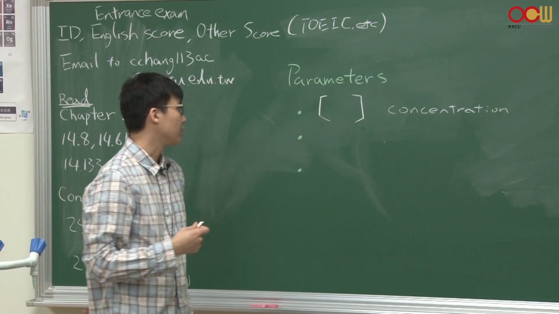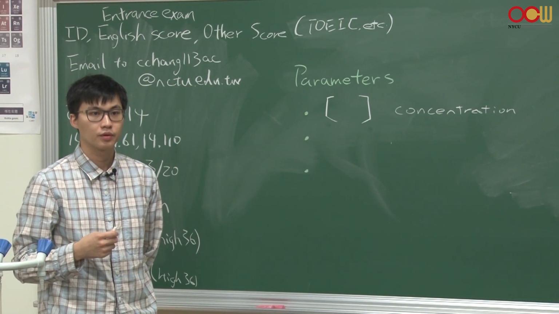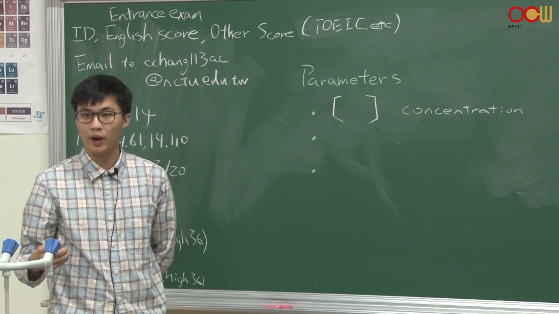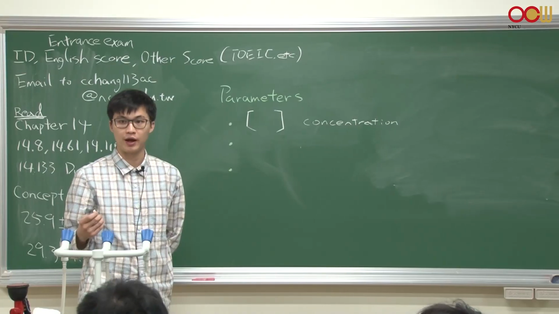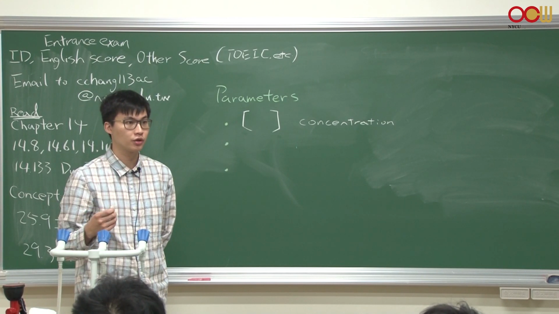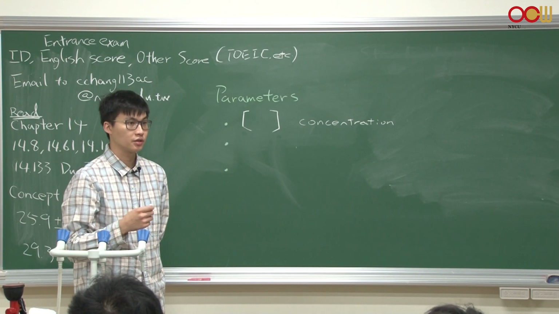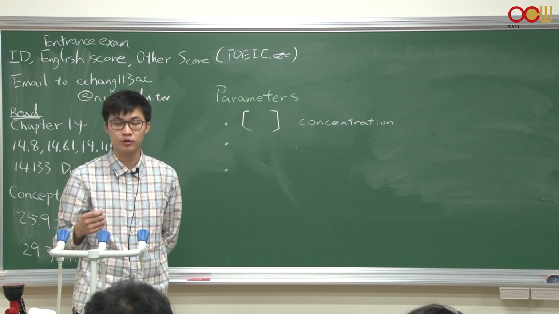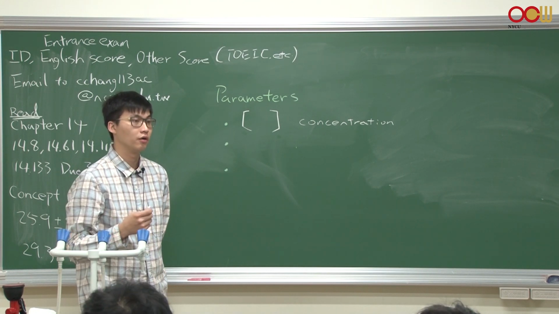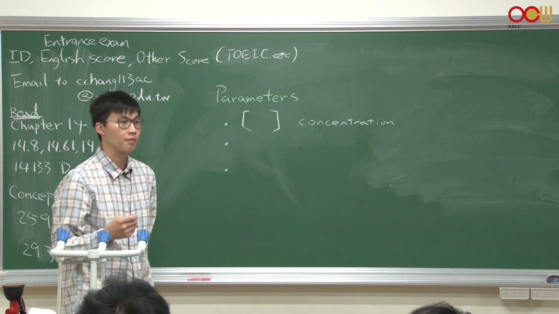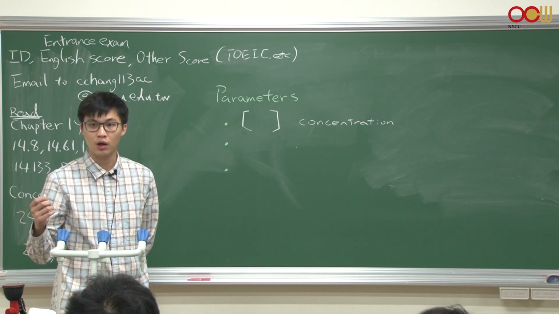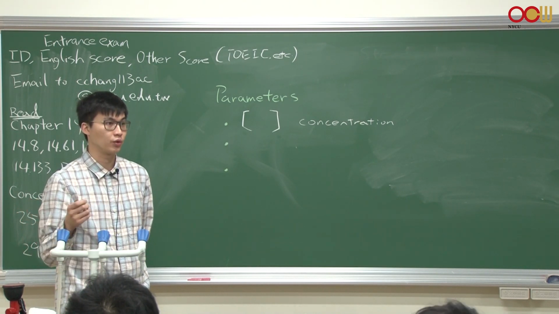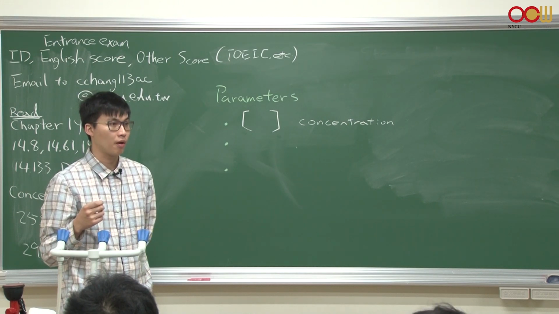Okay, so what other parameter? We know that molecules gain kinetic energy from temperature, right? The higher the temperature, the faster the molecules are moving. If you remember the physical states of molecules, solid, liquid, and gas, think about the distance between each molecule.